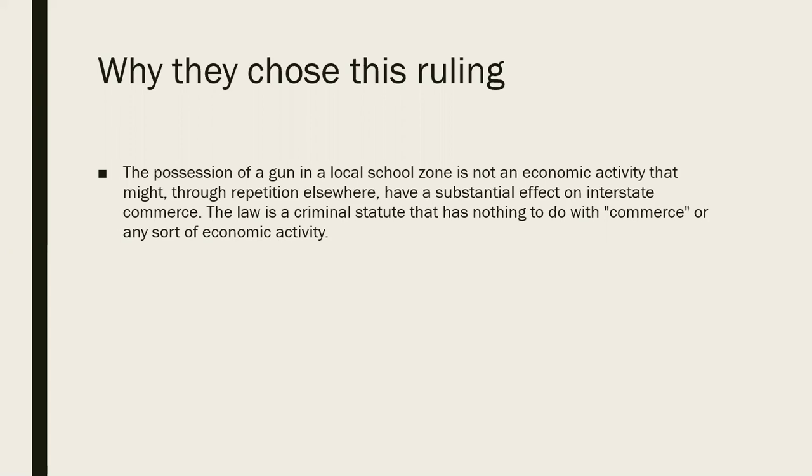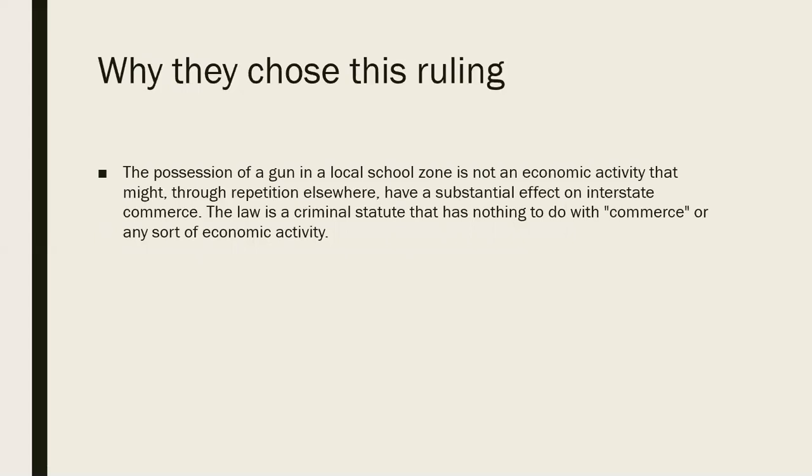The Supreme Court ruled that that's ridiculous. That's not an economic regulation. You cannot prohibit firearms in the school under the guise of trying to regulate commerce. They ruled that if you wanted to pass a different law that had something to do actually with safety, security, something along those lines, yes, that's fine.